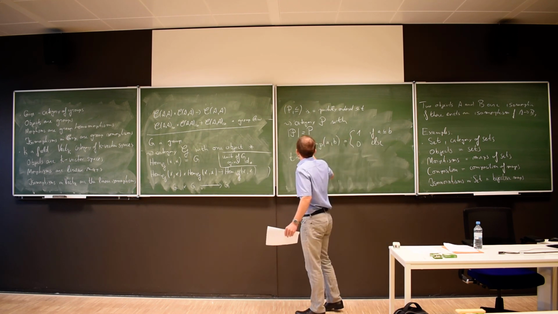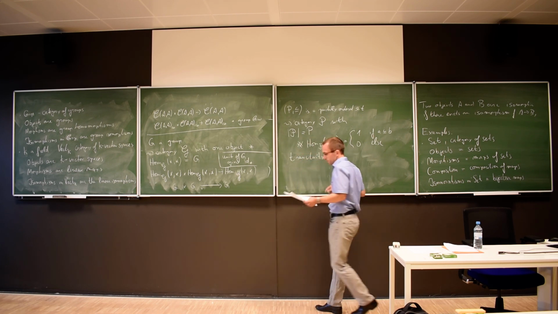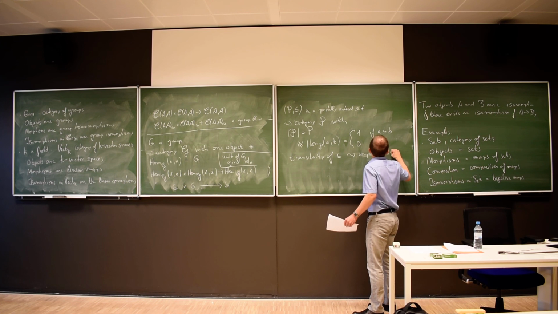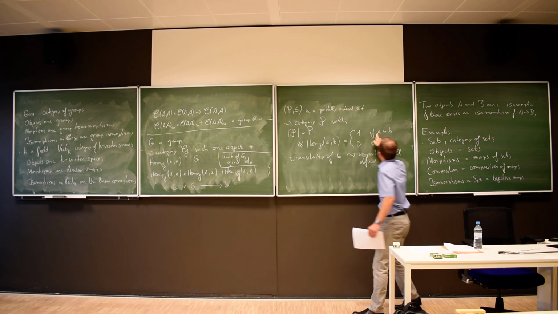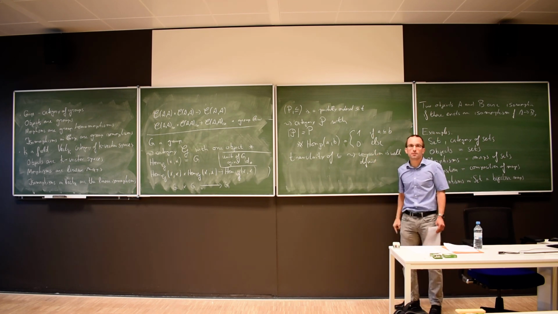There it's the transitivity of the relation that implies that the composition is well defined. So if A is less or equal to B and B is less or equal to C, then we also have that A is less or equal to C, and then the two morphisms compose to the unique morphism between the two.